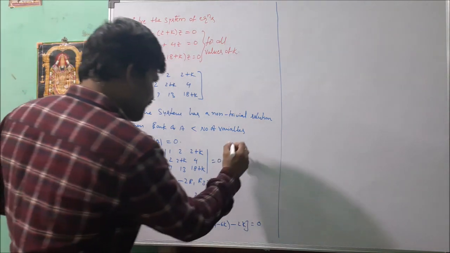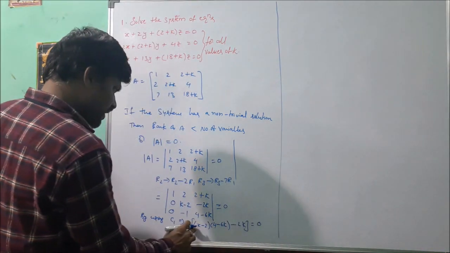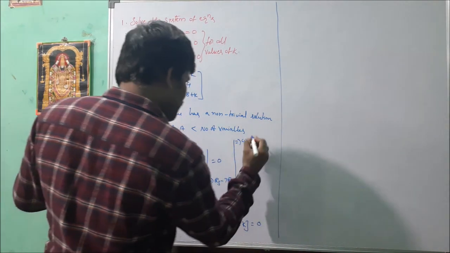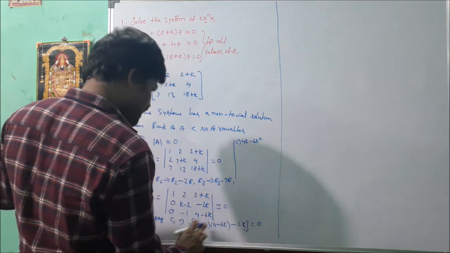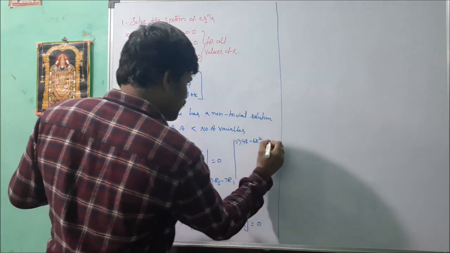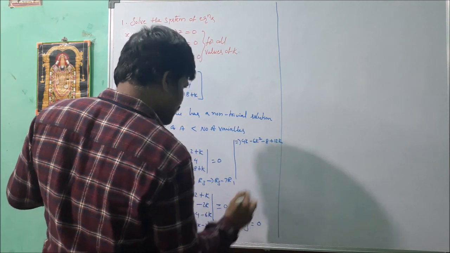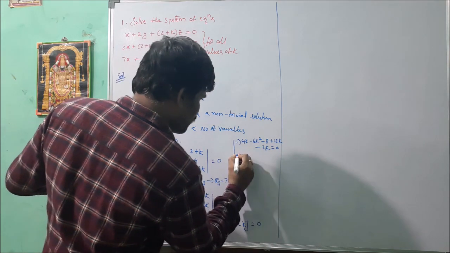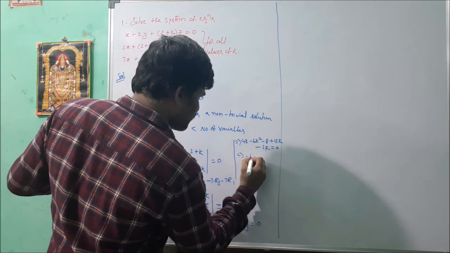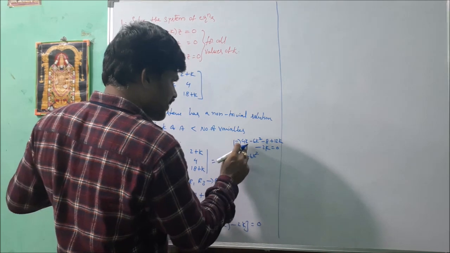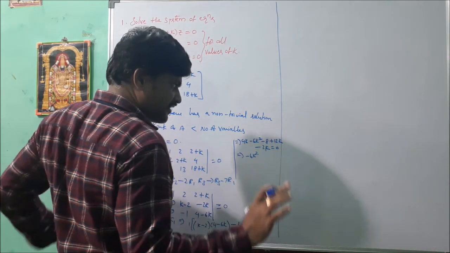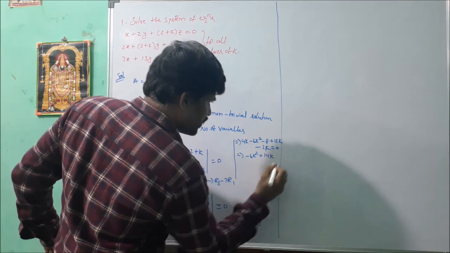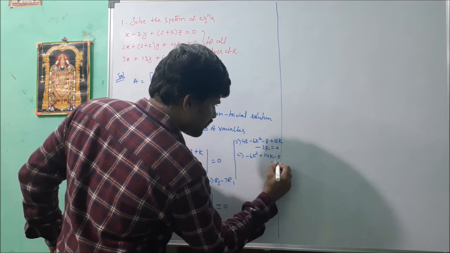Now we simplify. k into 4 is 4k, k into minus 6k is minus 6k square, minus 8 plus 12k, and also minus 2k equals 0. Now simplify: minus 6k square. The k terms: 4k plus 12k is 16k, 16 minus 2 is 14k. Now the constant is minus 8, which equals 0.